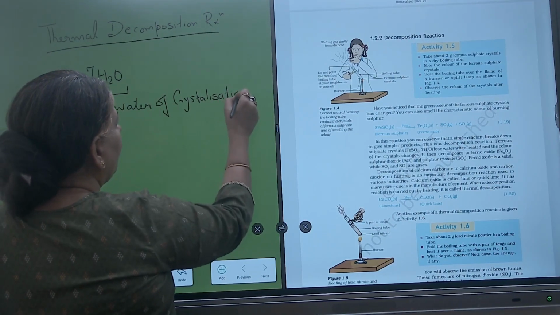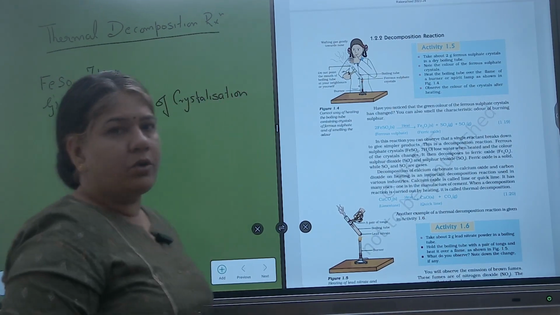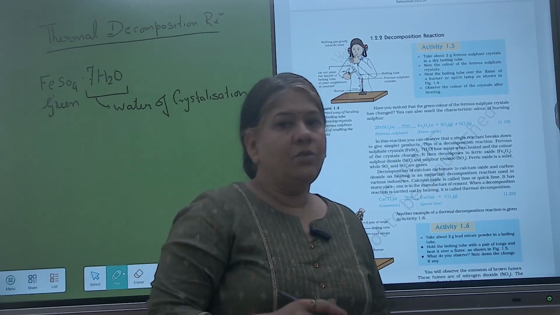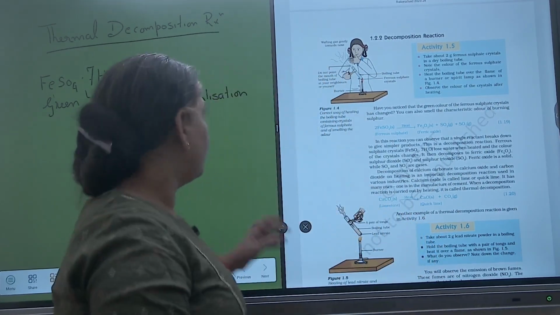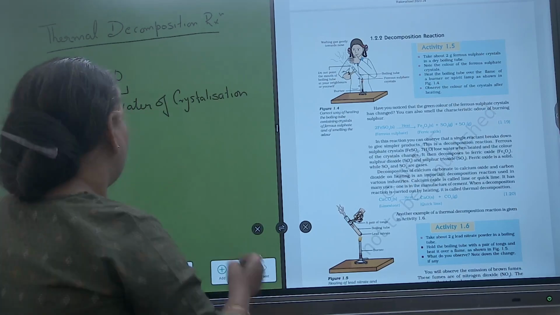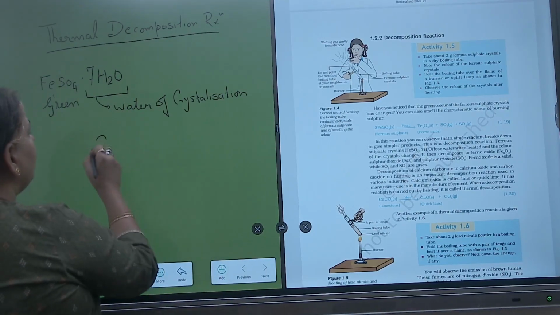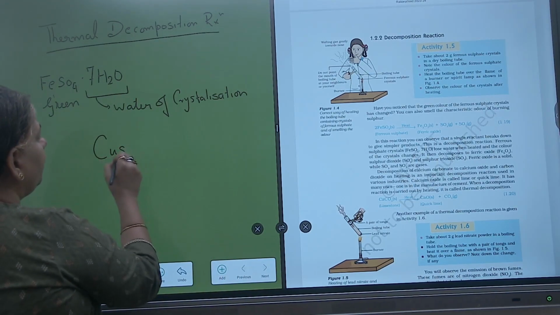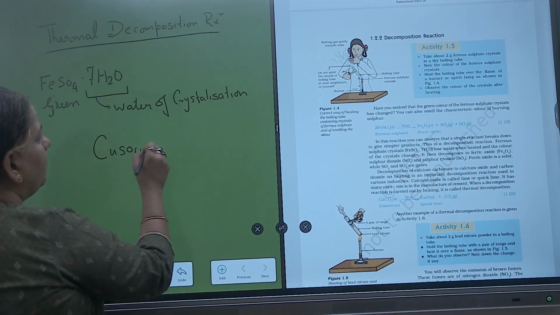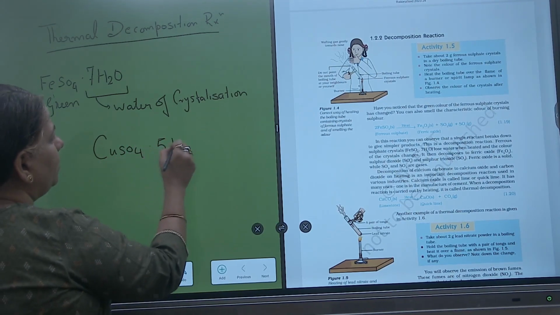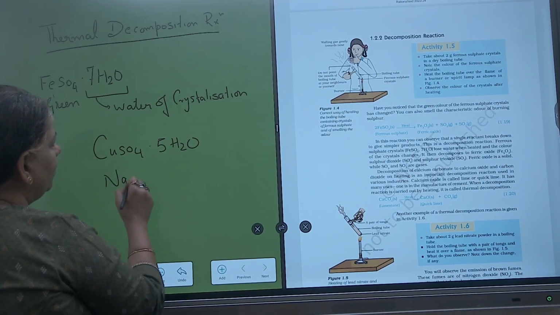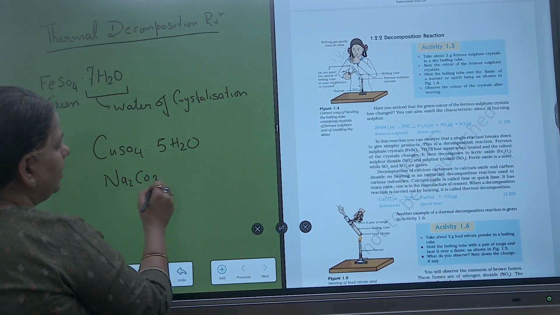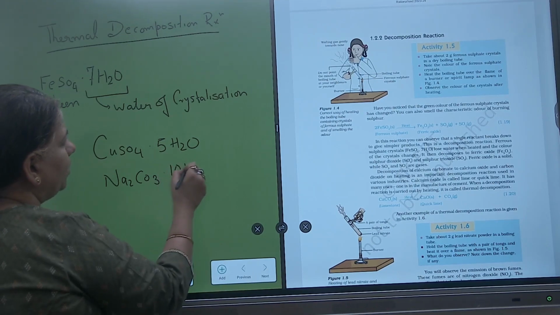Not all salts will show water of crystallization. Sodium chloride does not show water of crystallization, whereas some of the salts which show water of crystallization are copper sulfate, 5 water molecules, and sodium carbonate, Na2CO3, 10 water molecules.